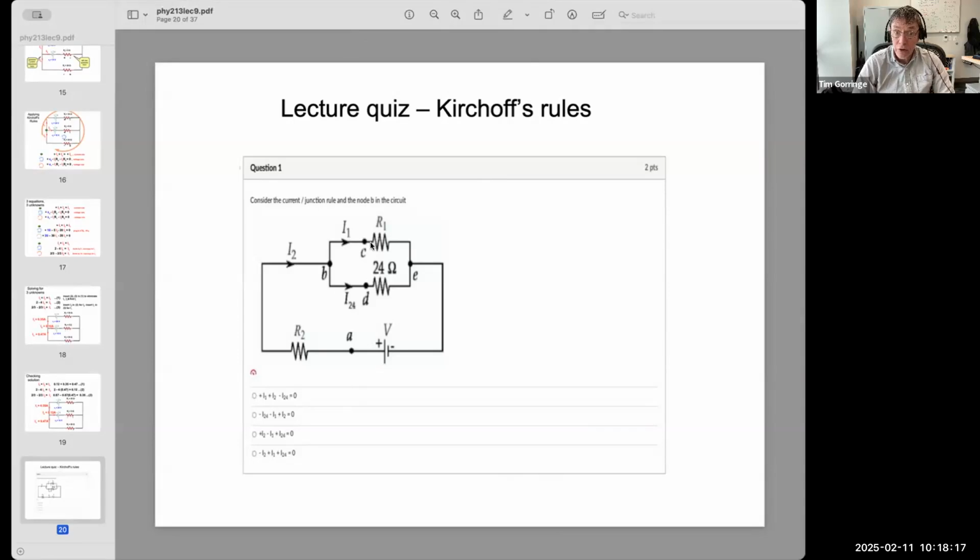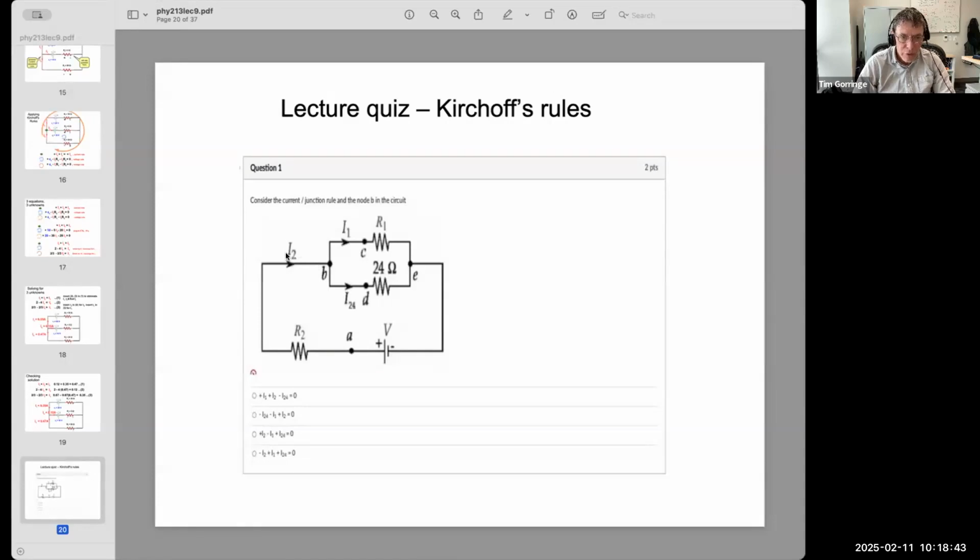It's a Kirchhoff's rule question, and it's really about this particular node in the circuit, if you look at this circuit that I think I'm still sharing. It's labeled B, and it's about the relationships between the currents flowing into and out of that arrangement.